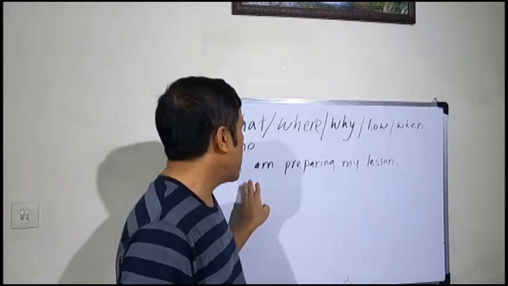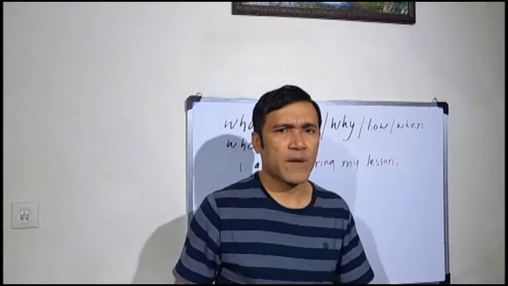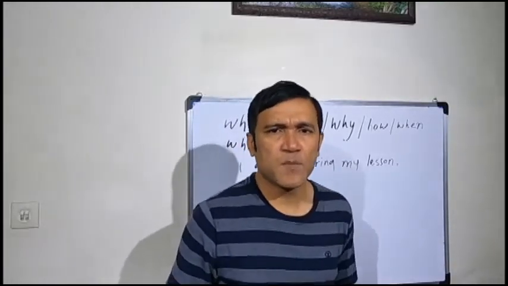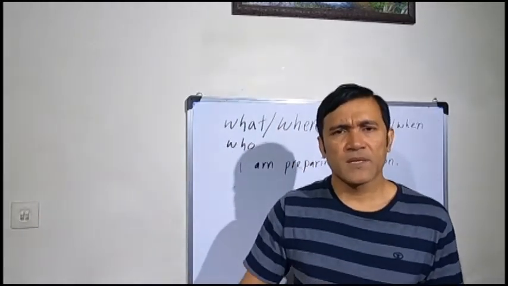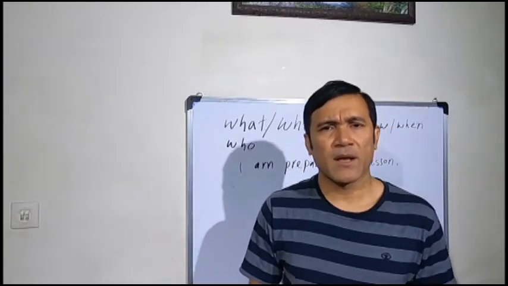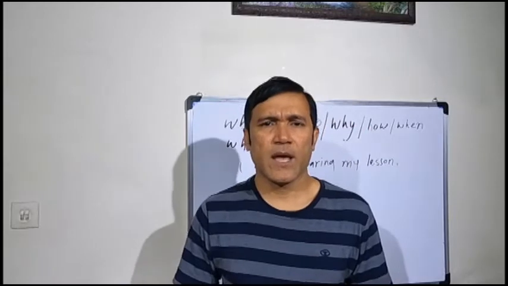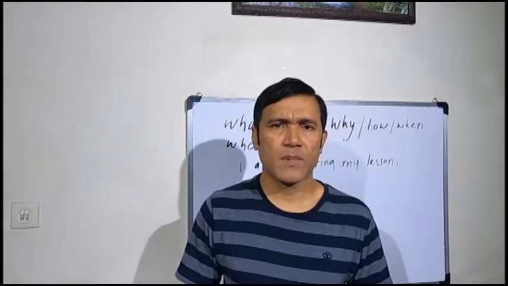And if you want to make WH questions on this sentence, how you can make, like who is preparing lesson, কে পাঠ প্রস্তুত করছে. You can take the other verb, who is planning about this project, এই প্রজেক্ট সম্বন্ধে কে পরিকল্পনা করছে.